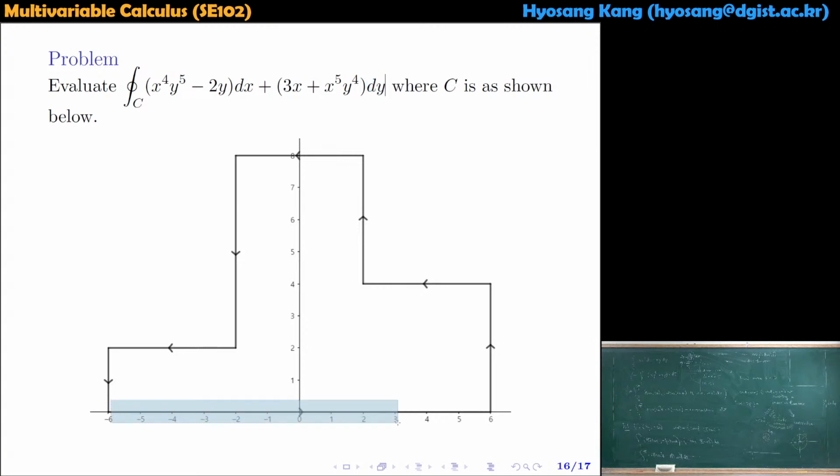So along this line segment, you can only compute the line integral of this part, okay? And how about this part? You have x fixed, so dx is 0. So you can only compute the line integral of this part. So that's what I wanted to show. Let's do that next time.